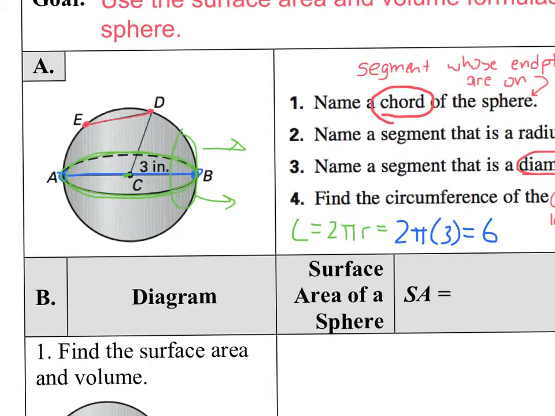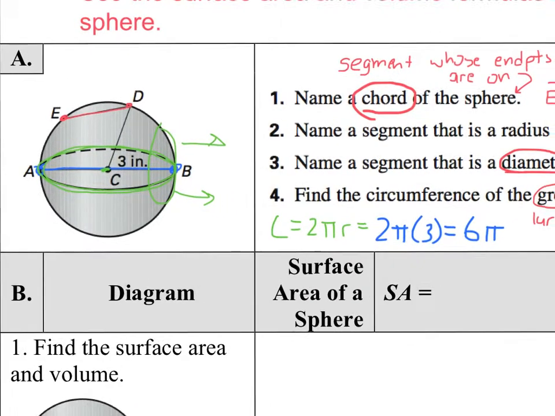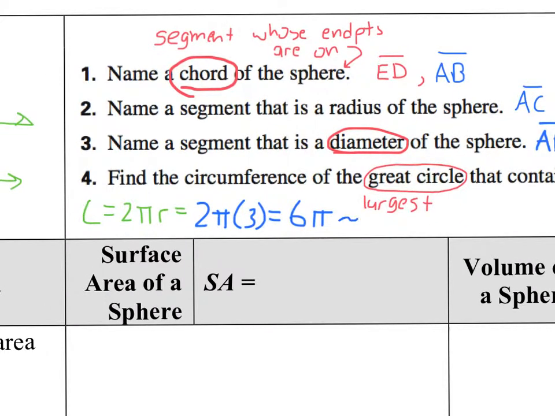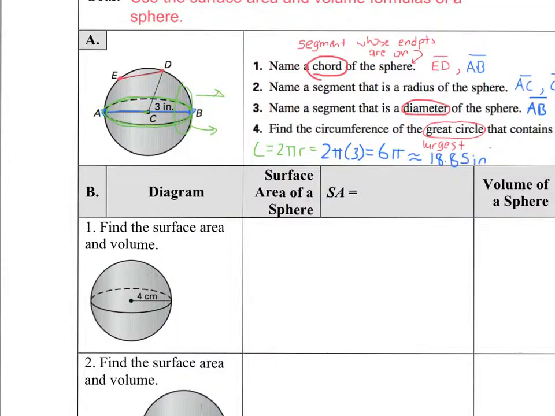My exact answer is 6 pi, and the approximate answer is approximately 18.85. And in this case, it is inches. Not squared, because we're talking about a linear amount. So 18.85 inches.